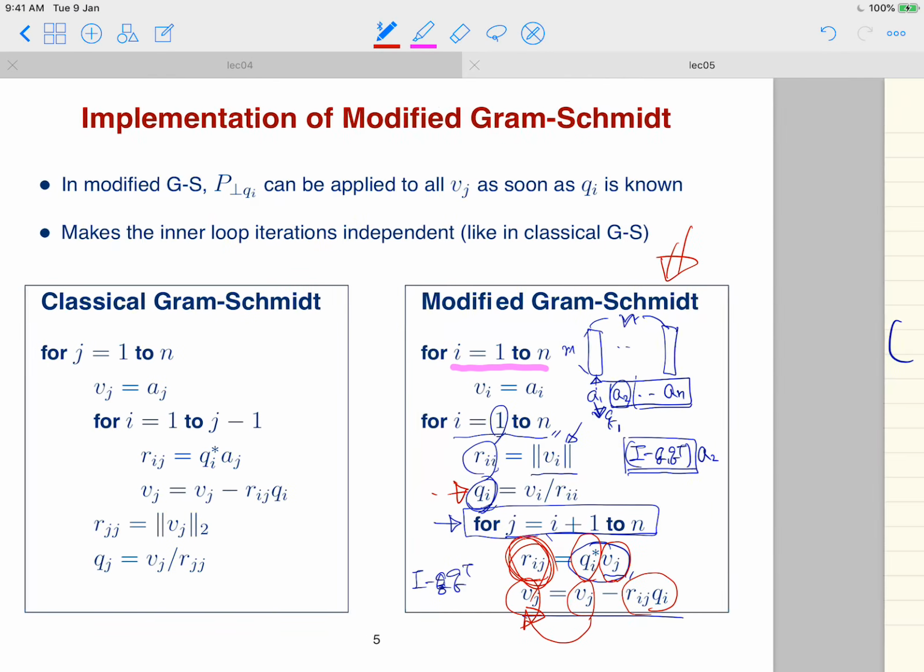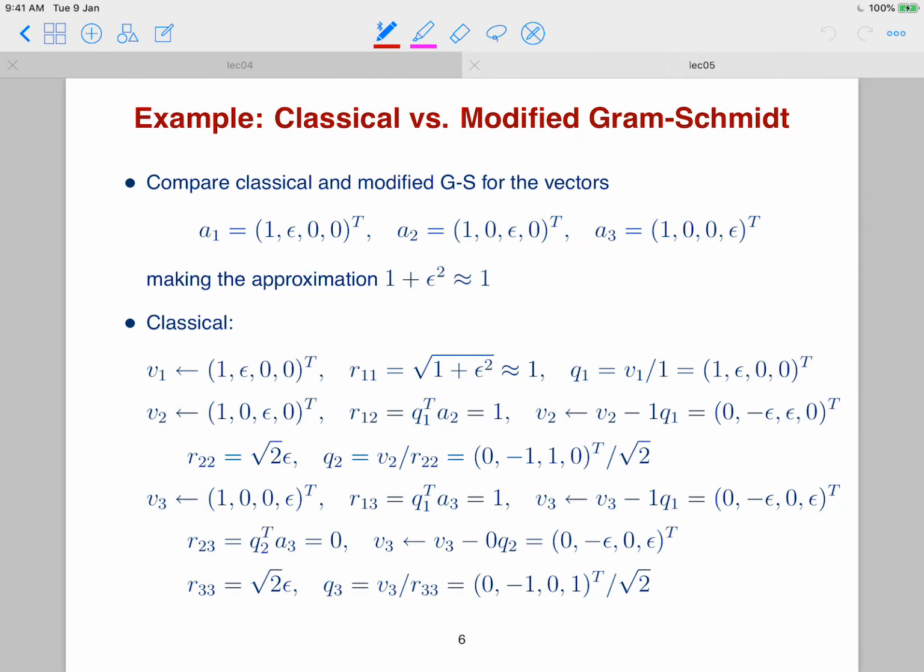So that's the main difference. This is one example of a non-trivial difference between the classical and the modified Gram-Schmidt.